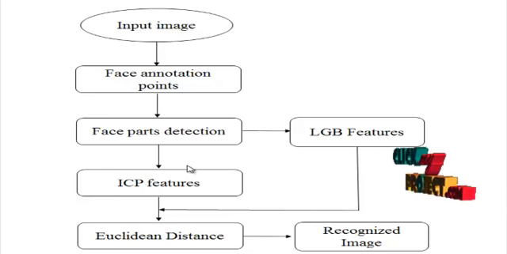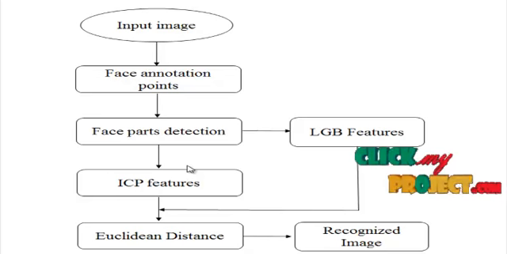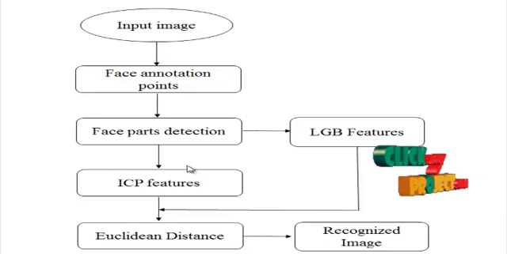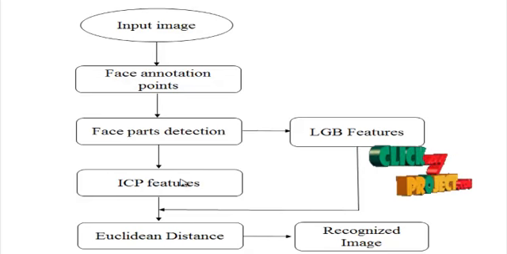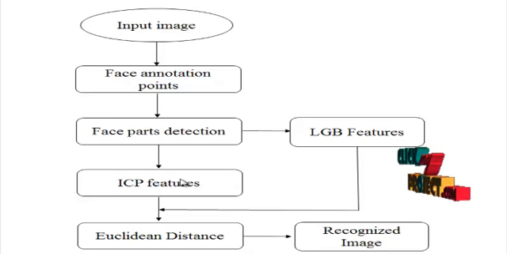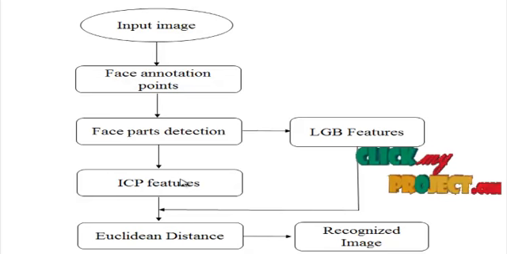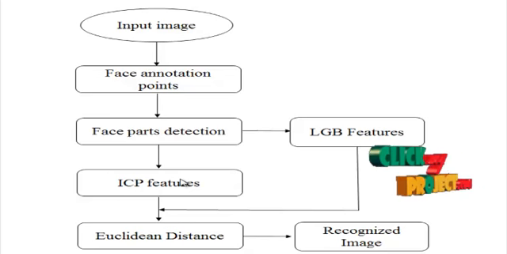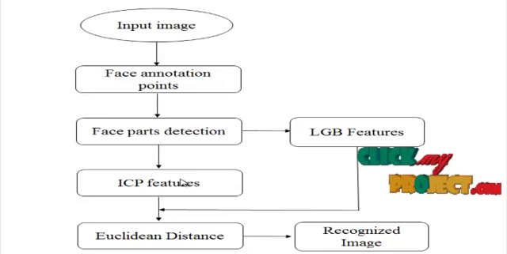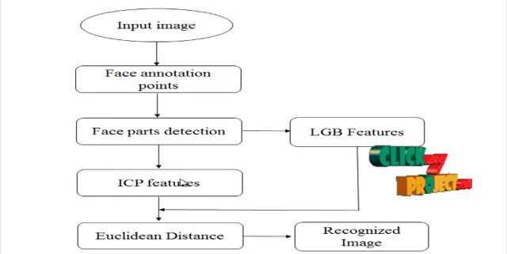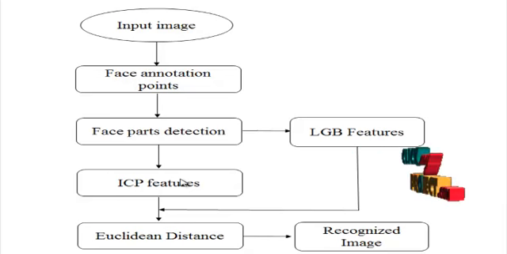The regions detected as face parts are eye pairs, left eye pair, right eye pair, and so on. After the detection of the face parts, the registration of the face part features is employed based on iterative closest point features. The annotation points that we extract are registered by identifying the ICP features.